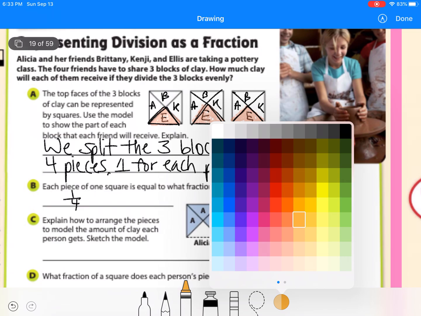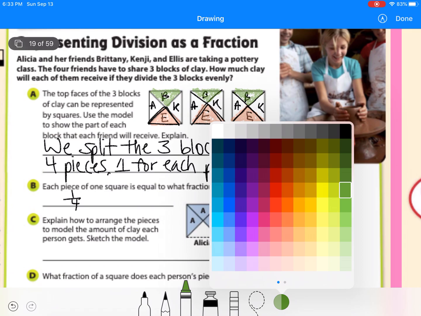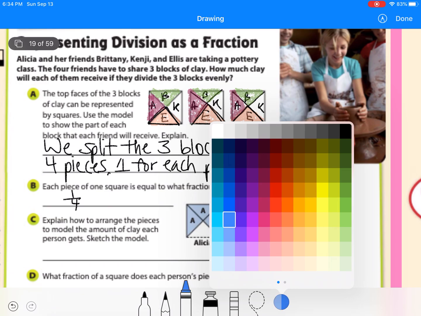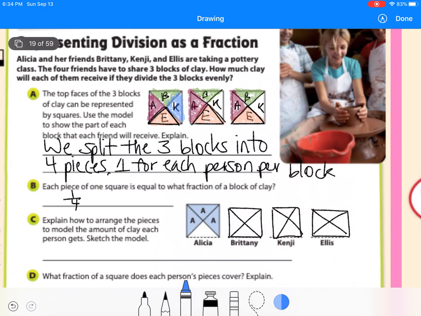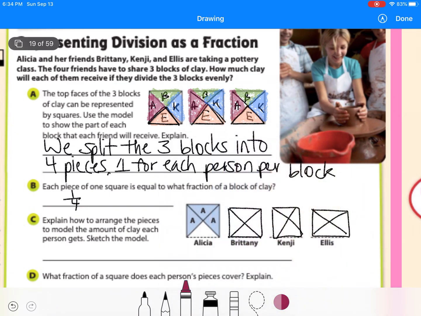So if I colored each person a different color, we'll just say Brittany gets to be green in each up there. And then Alicia is a purple. And then Kenji can be blue. So do you see up here how I'm representing? They're each 1/4. So I should have made Alicia blue, but we'll just color over it.